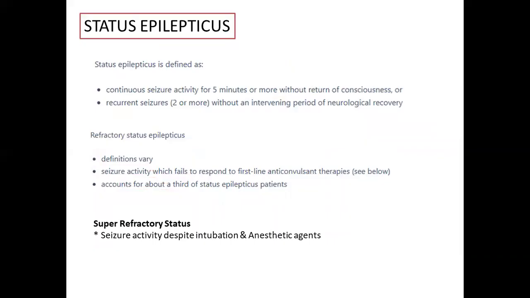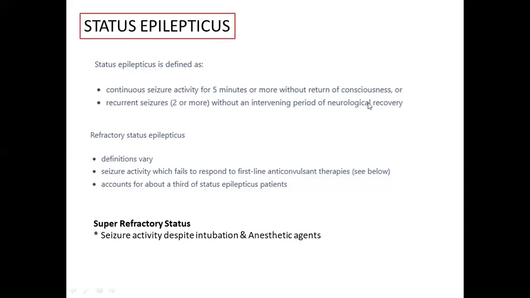Now we are switching to status epilepticus. So what is status epilepticus? Continuous seizure over 30 minutes, or 5 minutes. It was earlier 30 minutes, now it is 5 minutes. Continuous seizure activity for 5 minutes, or recurrent seizures, 2 or more without recovery.